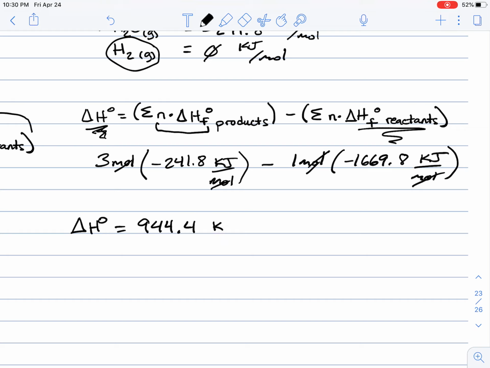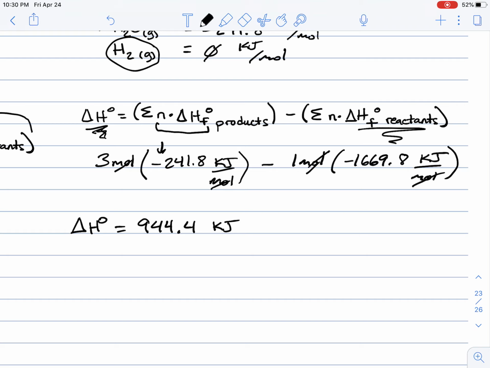This is going to be kilojoules. Is that right? I think so. Yeah, it is. I was just making sure that I added my negative sign here, and I did.